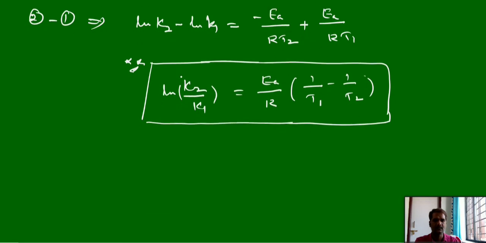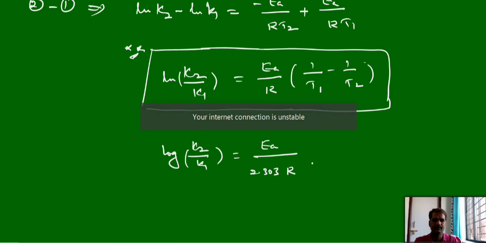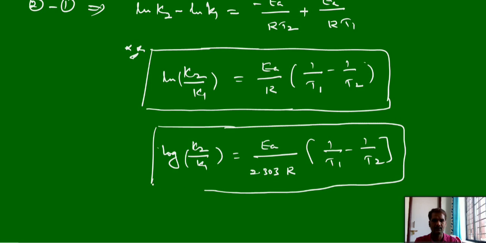Or else further, if you convert this ln into logarithmic form, log of K2 by K1 is equal to Ea by 2.303 R, 1 by T1 minus 1 by T2, and this is another form. So, these formulas give the effect of temperature, how the rate constant will change with respect to temperature, you can calculate here.